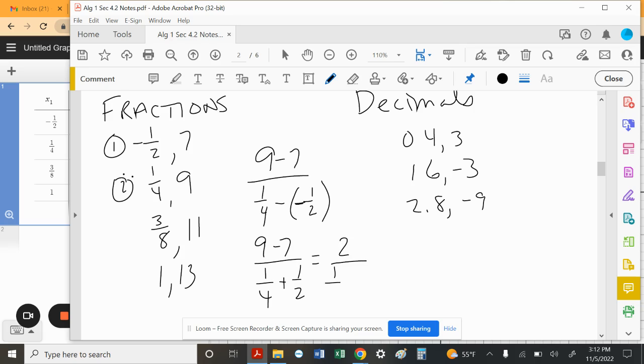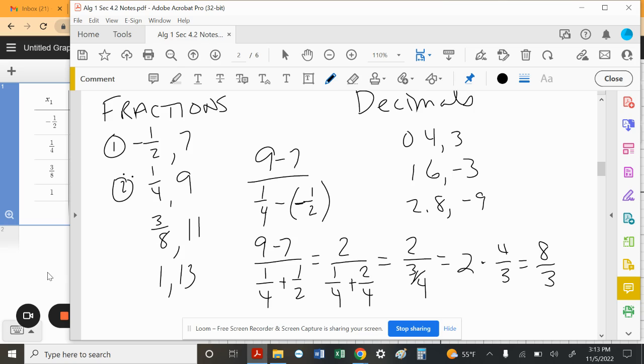We need a common denominator, so 1/2 becomes 2/4, because the common denominator between 2 and 4 is 4, since both go into 4. How many times do we multiply 2 to get 4? We multiply by 2, so we multiply the 1 by 2 as well. So we get 2 over 3/4. To solve that, we invert and multiply, so we get 8 over 3. That would be my slope.